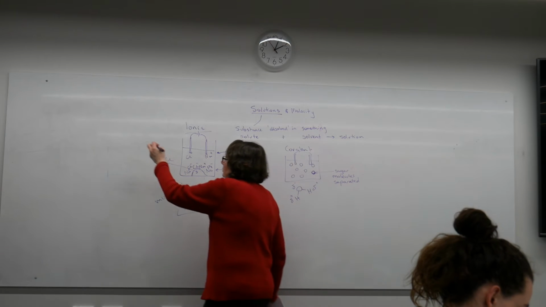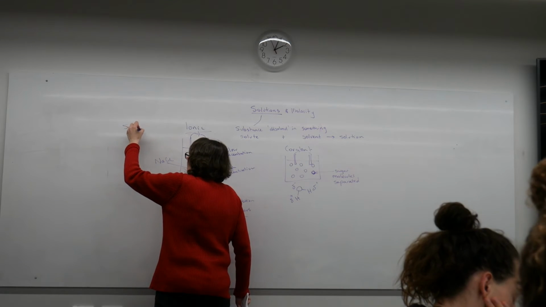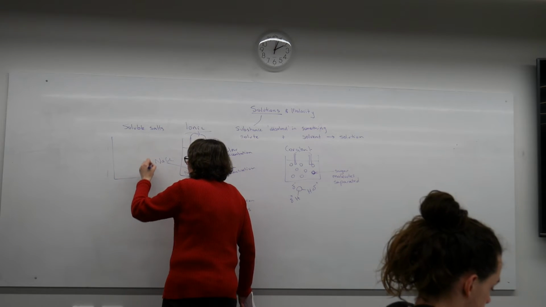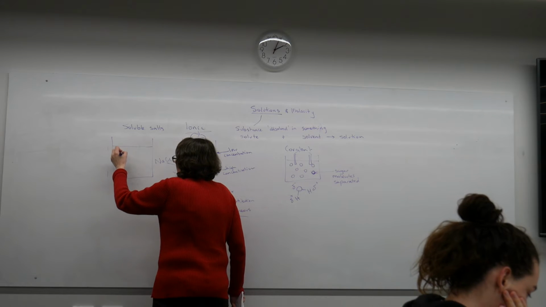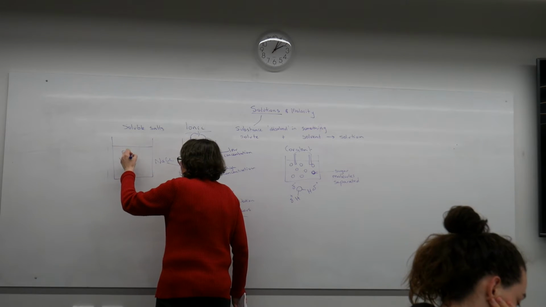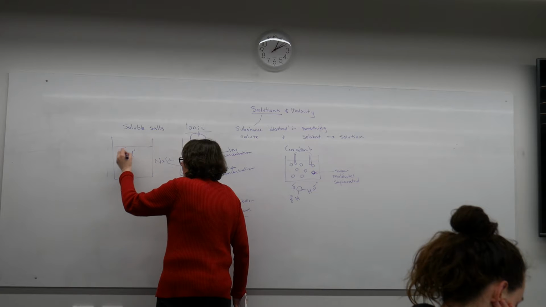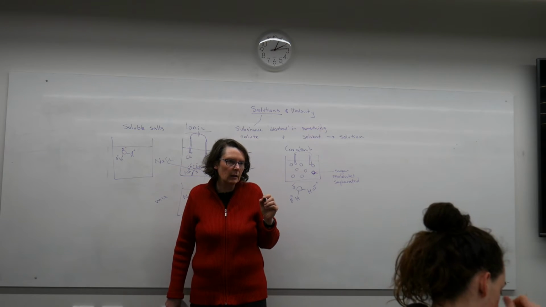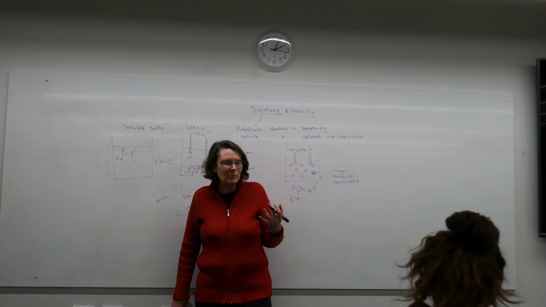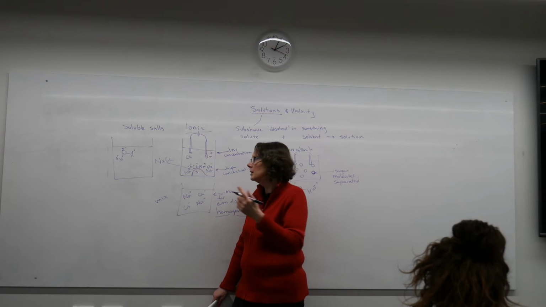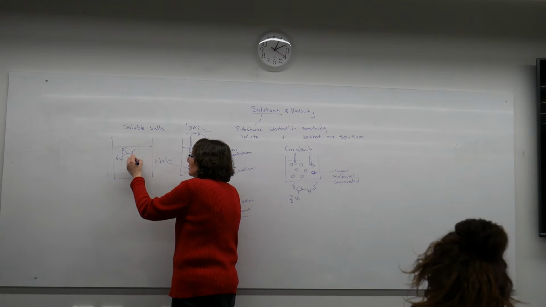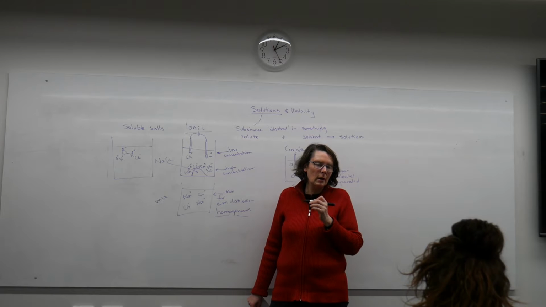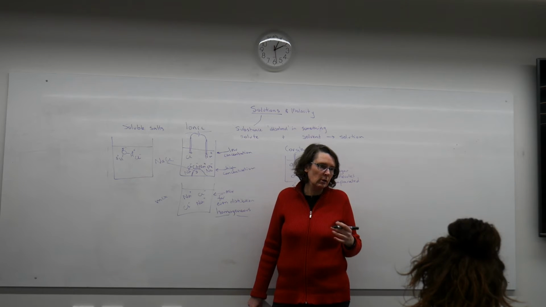So for our soluble salts, if I put some sodium chloride in this beaker, it will dissolve, and what is happening is that the chloride ion is actually more attracted to the hydrogen of the water molecule than it is attracted to the sodium ion.